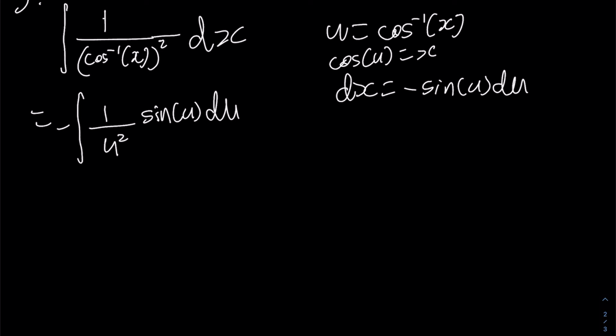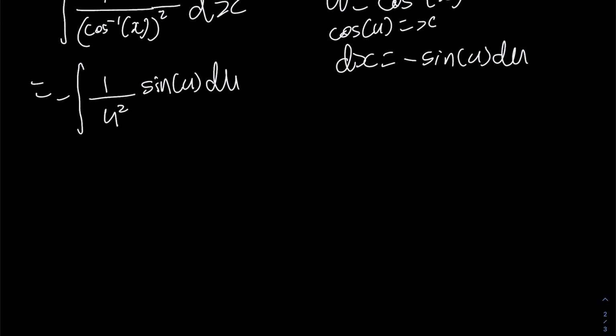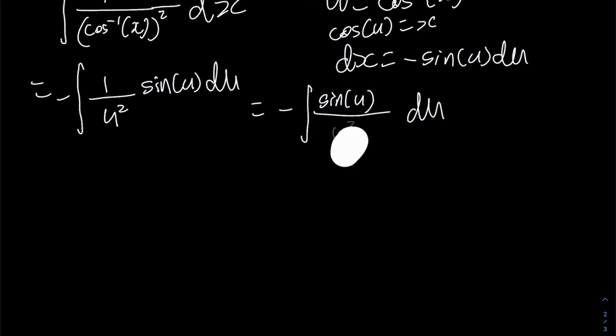So what do we do here? We have the integral of sine u over u squared. So let's just write this here. This is equal to negative the integral of sine u over u squared du. However, what we can actually see is that this u squared can be written as u times u, and we have the sine of u over u times u, which you can write as sine of u times 1 over u du.